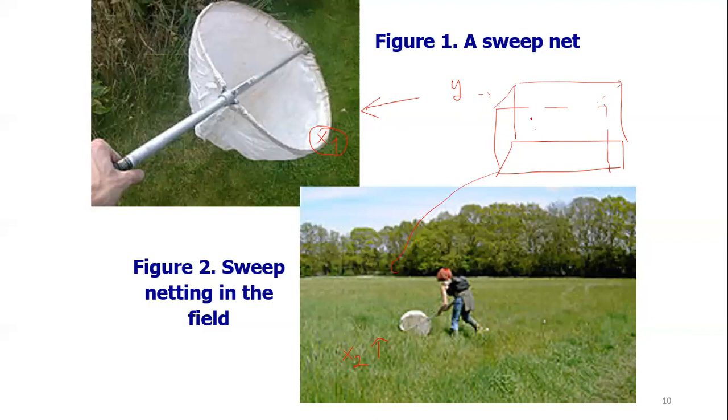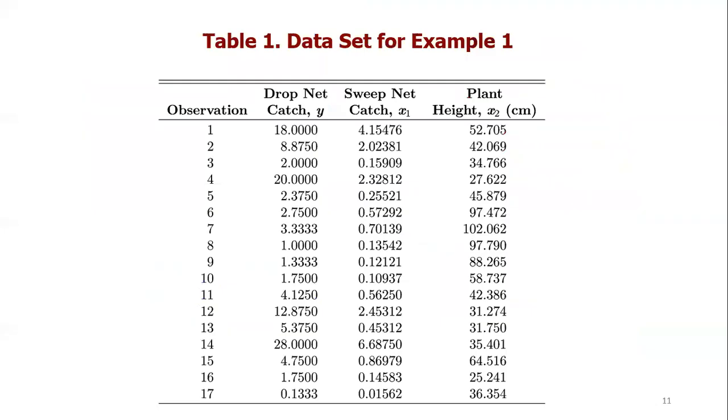You're trying to estimate the number of grasshoppers caught by the sweep net. If you just use the sweep net, what should be the number of grasshoppers caught by the drop net? And the other variable is the height of the plant. Well, that's what we have.